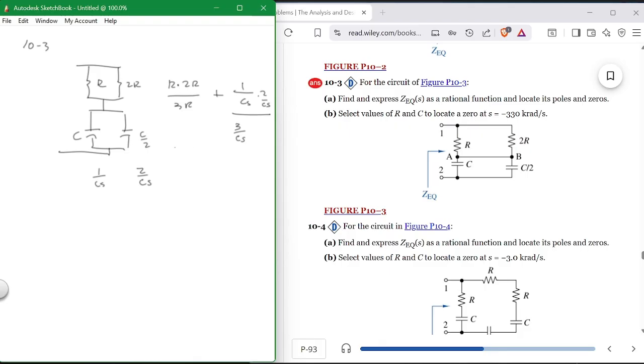So this is equal to 2/3 R plus thirds, and this times 1 over CS.